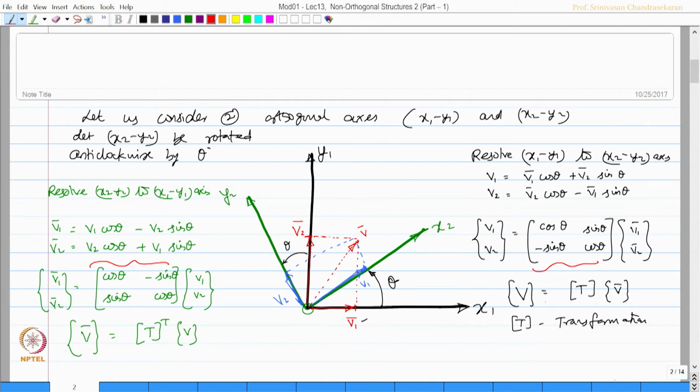So, now two expressions, expression 1 and expression 2, both are valid, where the T matrix is actually equal to cos, sin, minus sin, cos, where C stands for cos and S stands for sin.